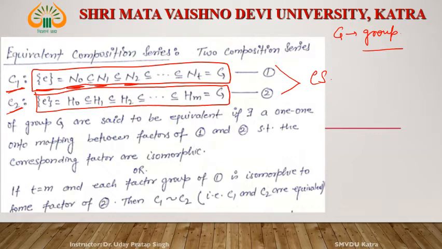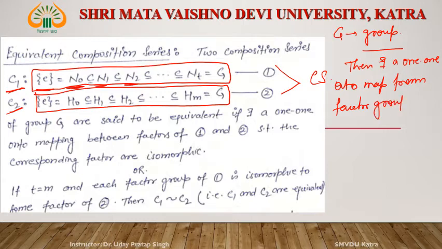What do we mean by equivalent? If 1 and 2 are composition series of a finite group G, then there exists a 1-1 onto map from the factor groups of 1 to the factor groups of 2.